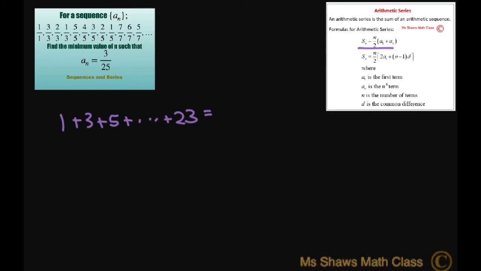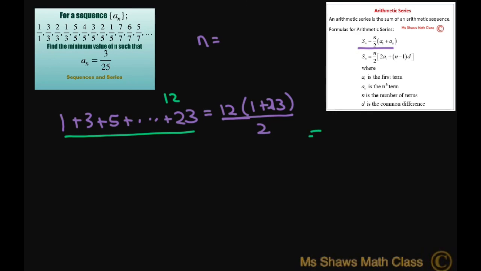This is going to equal 12, since n is 12, times the first term 1 plus 23, all divided by 2, because the number of terms here is 12. So this is going to equal 144. That was from b sub 1 to b sub 12. Now we have to add that 23 extra.